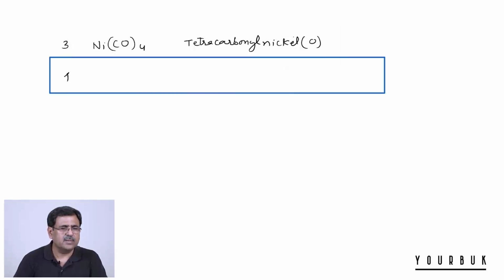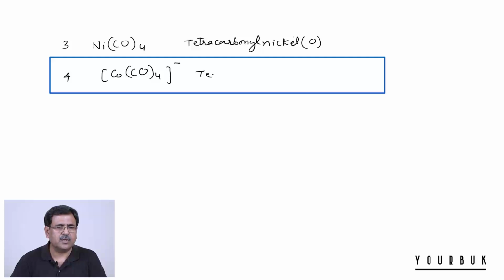Now, the fourth example is this. It is a complex of cobalt, [Co(CO)4]-1. This is an anion complex, and if you remember, whenever the anion is complex, then the metal name ends in ATE. So, we arrange the ligands first.